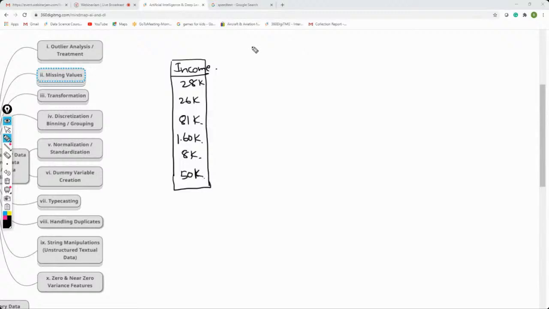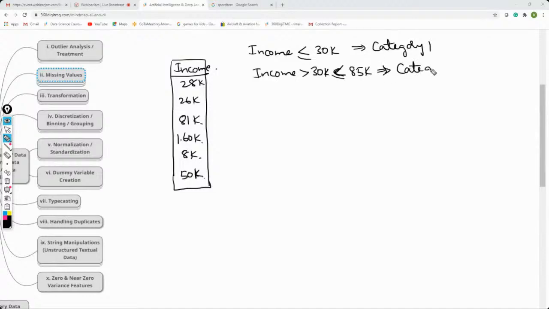You can say if the income is less than 30,000, people belong to category 1. If the income is greater than 30K and less than or equal to say 85K, you would say these people belong to category 2.